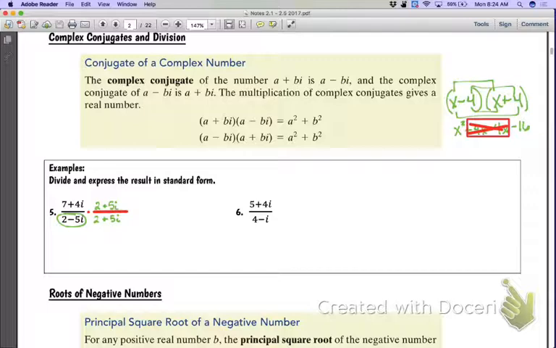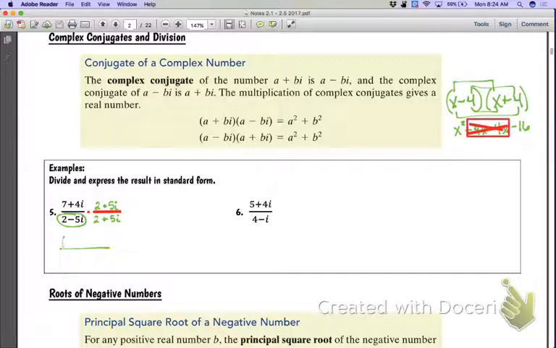So if I change how it looks, I'm really just multiplying it by 1, and then I just turn it into a multiplication problem. Hopefully the top is the biggest thing that really gets changed. You can write it however you want. It's really up to you.